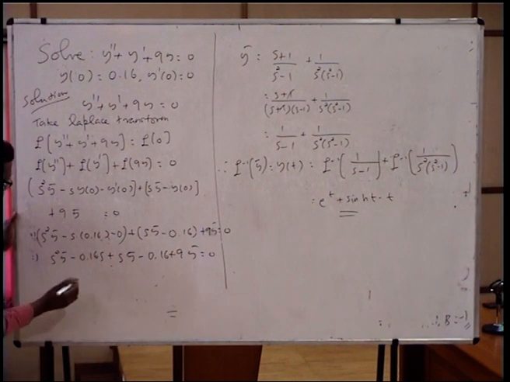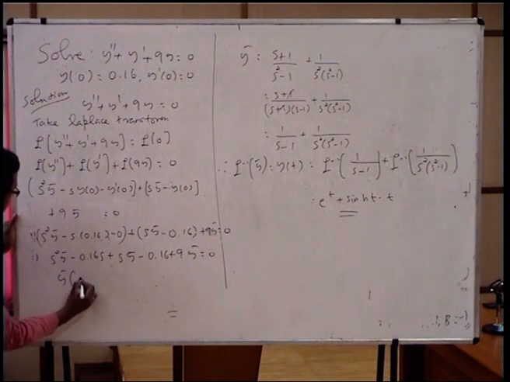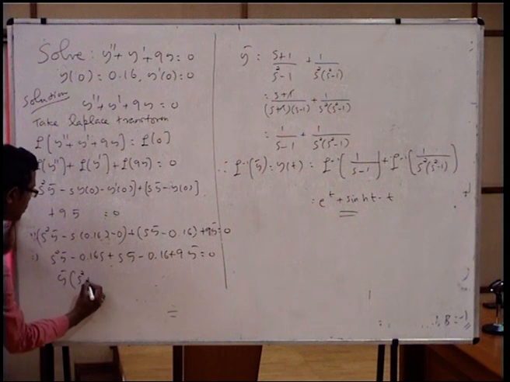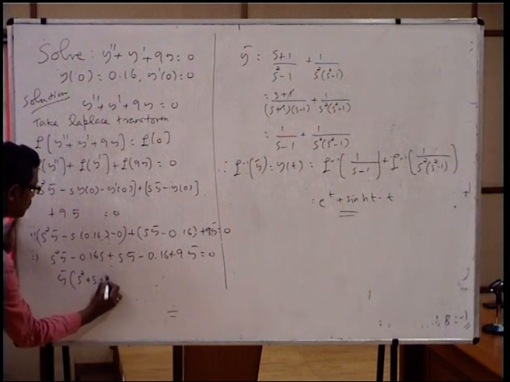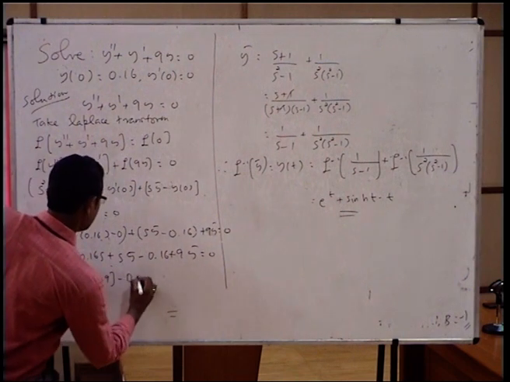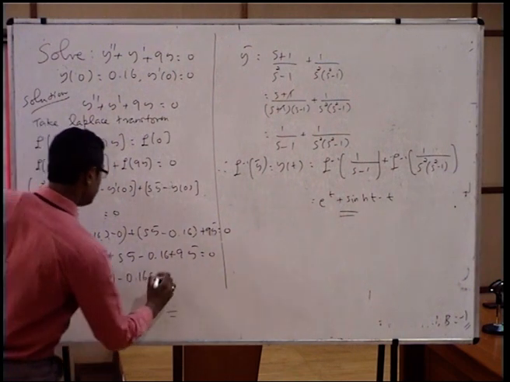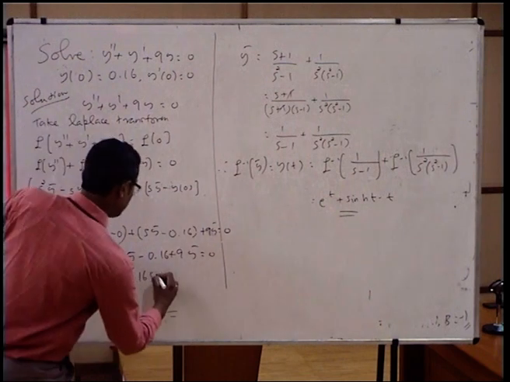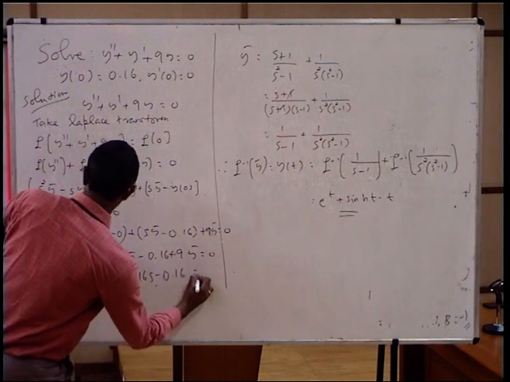Or if you collect terms containing y bar, so y bar times s square plus s plus 9, minus 0.16 s, minus 0.16 equal to 0.